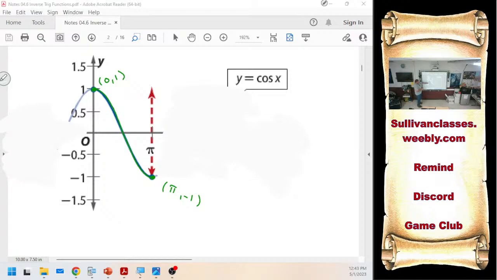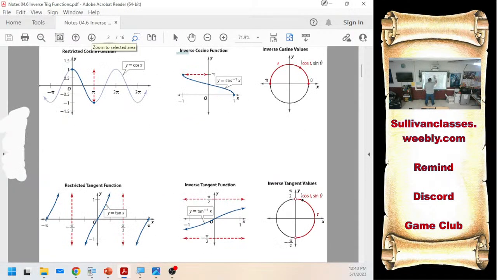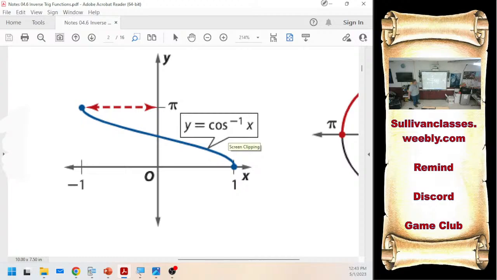Okay? I take these coordinates and I flop them. I take the domain and range and I flop them. If the domain is 0 to pi, range is -1 to 1, then when I go over to my inverse, you're going to see that same thing.